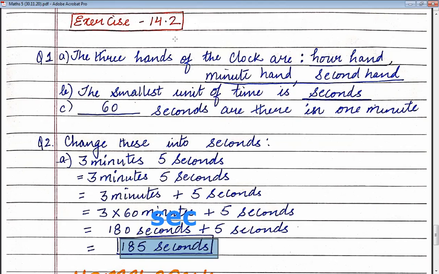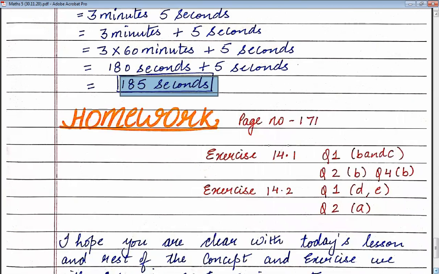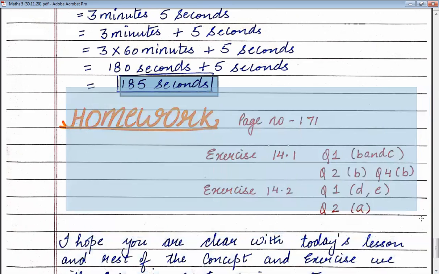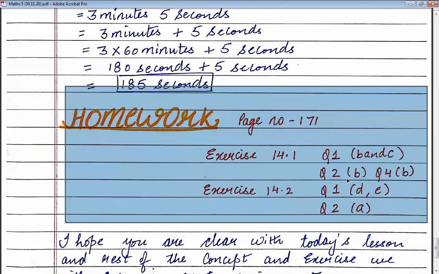So now children, this is the end of today's topic. Let's see what homework I have given you. Let's go back to our homework part now. These are your homework questions. In this chapter, we have discussed only 14.1 and 14.2, and we have discussed how to tell time in different ways.